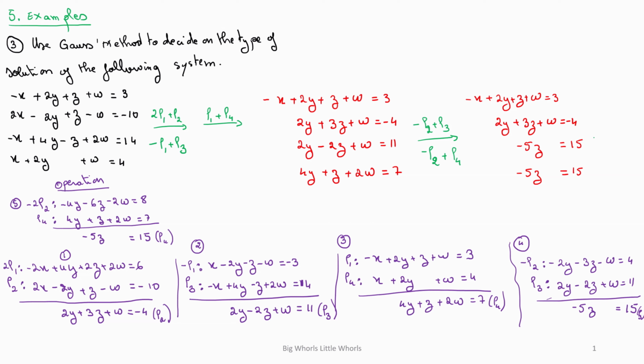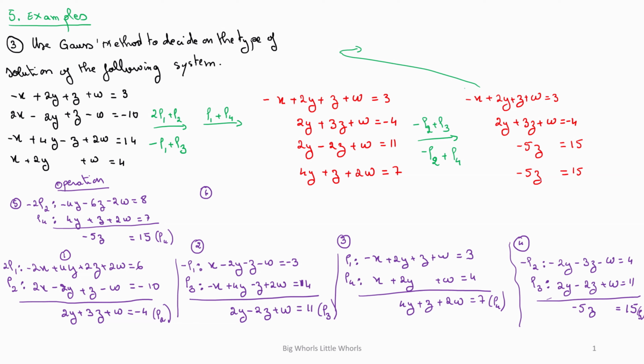So basically what I have to do here is, let me write it this way. How am I going to eliminate the z in row 4? Let me do the operation here. This is my 6th operation.